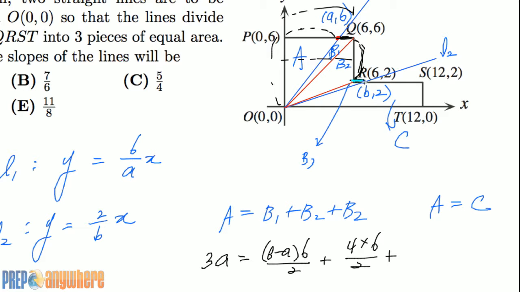Right there up to there is B, okay? What's this length right there, from there to the edge here? It's B minus 6. B minus 6 times the height, 2 divided by 2. Okay.